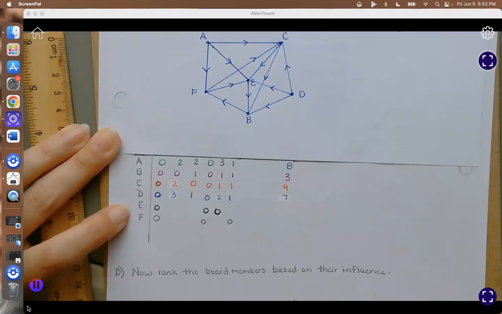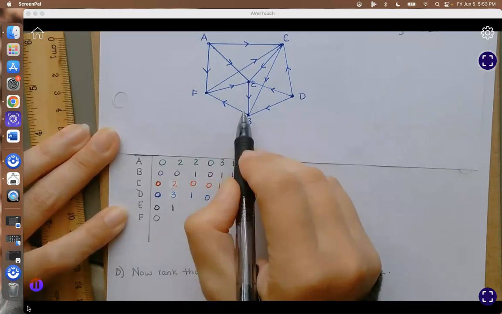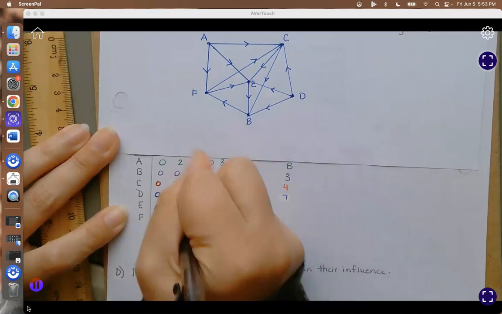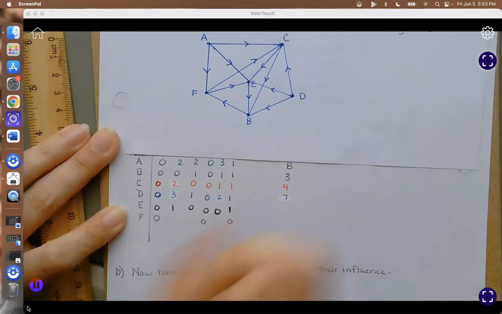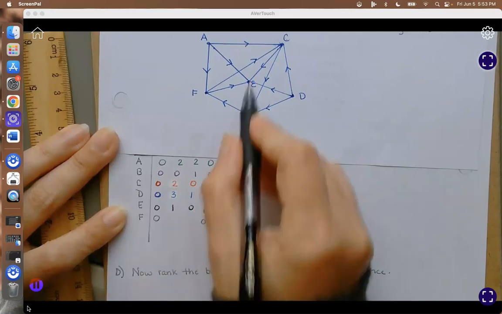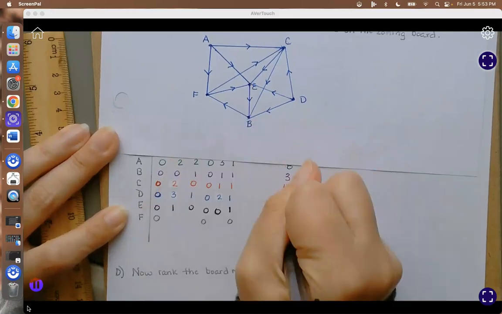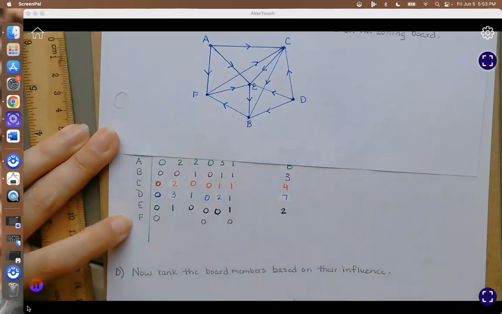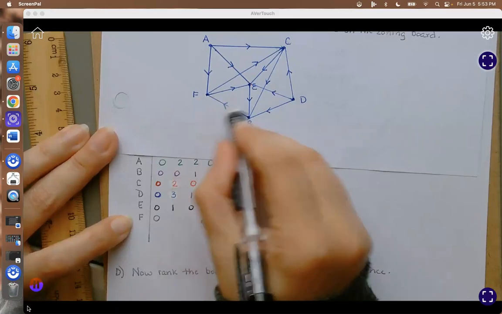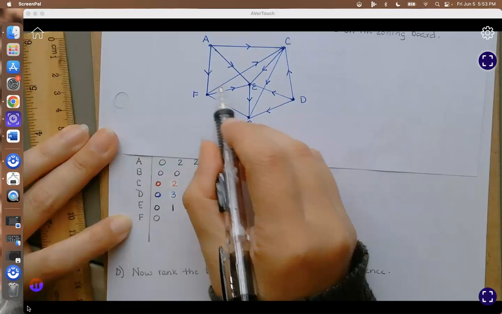E to B, 1. E to C. I can go E to B, but I can't get out to C. In fact, the only one I can get out to is E to F. E, B, F. So there's 2 there. All right. F to B. There's 1 there.